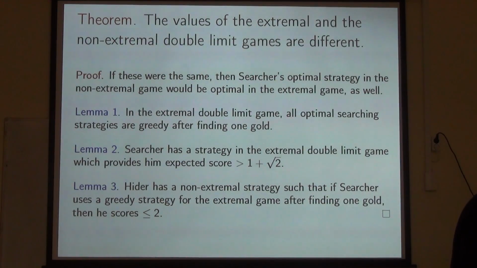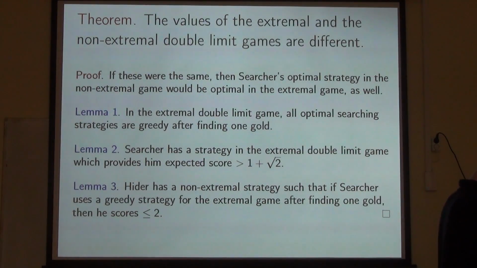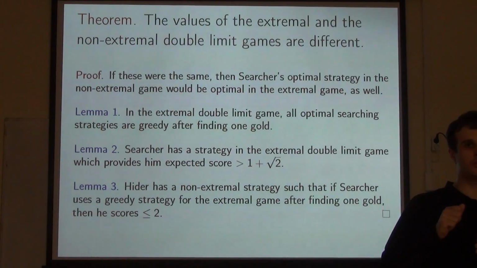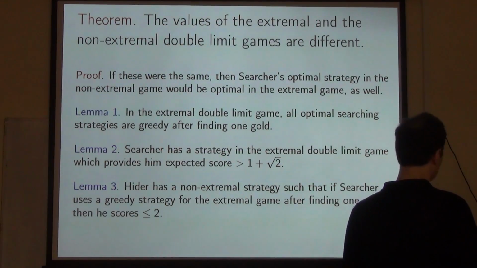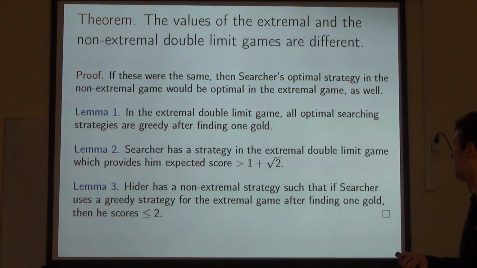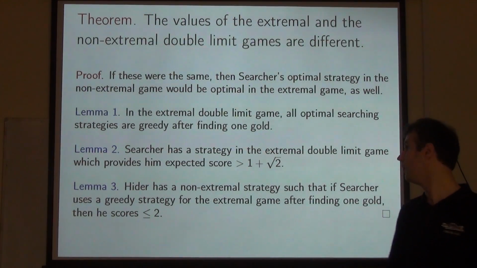And it turns out to be a very ineffective searching strategy, and by considering some specific strategies, it turns out to be impossible that such a strategy can be optimal. We can show a better strategy than any strategy with this property. This is a contradiction, so we have an existence proof that the extremal and non-extremal games are different, so the values are different, and therefore the finite games are different.